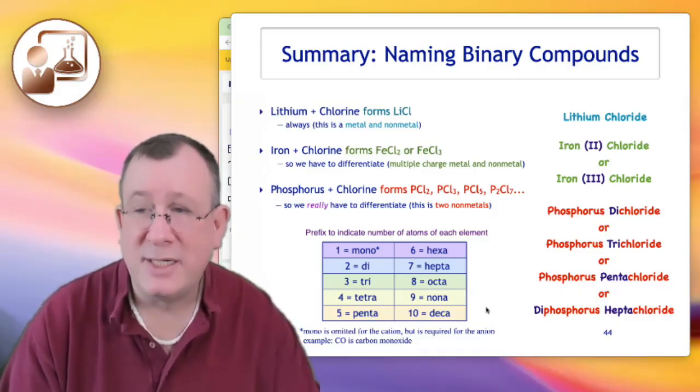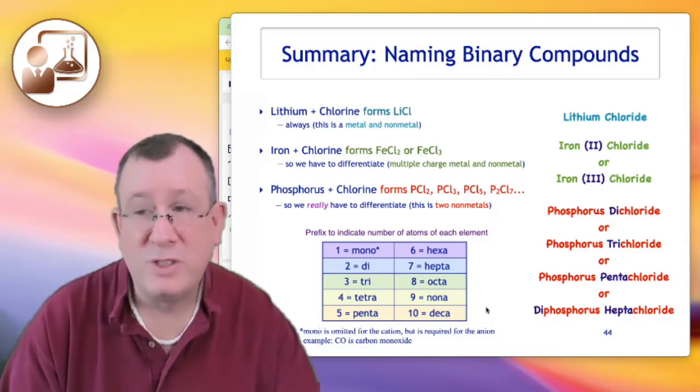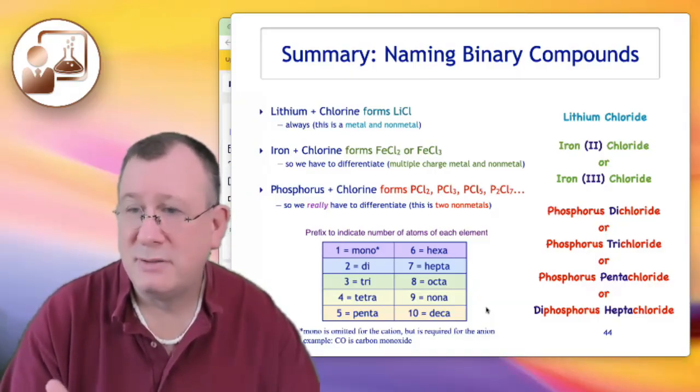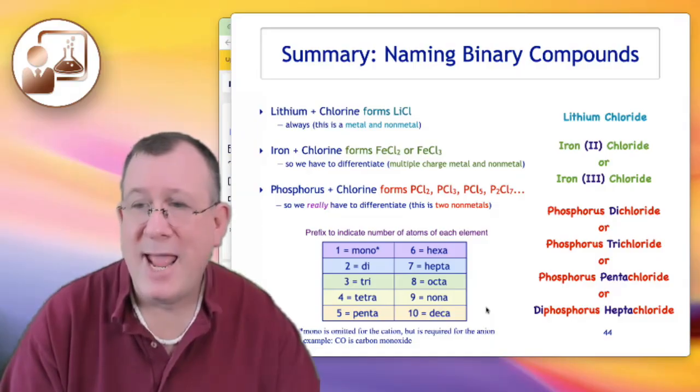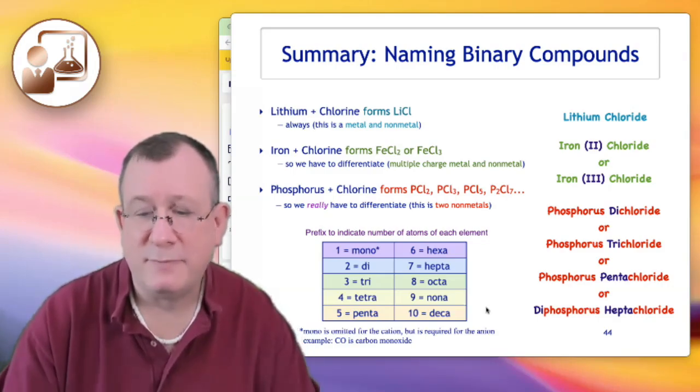Now, in contrast, if the first element is only 1, we don't use the mono. For example, NO2 is not mononitrogen dioxide, it's just nitrogen dioxide, okay? And you may be familiar with, for example, CO, carbon monoxide. Carbon doesn't have a mono in front of it.